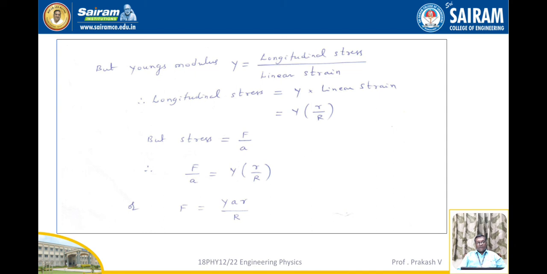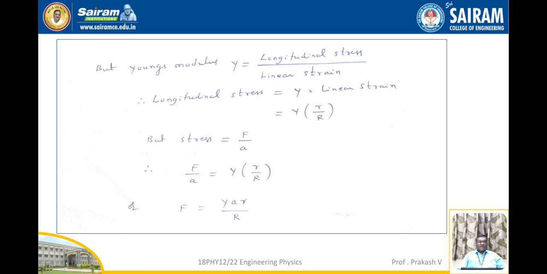Therefore, the longitudinal stress will be equal to Young's modulus Y into linear strain. We already calculated linear strain as small r by capital R, so substituting the value, longitudinal stress is equal to capital Y into small r by capital R.